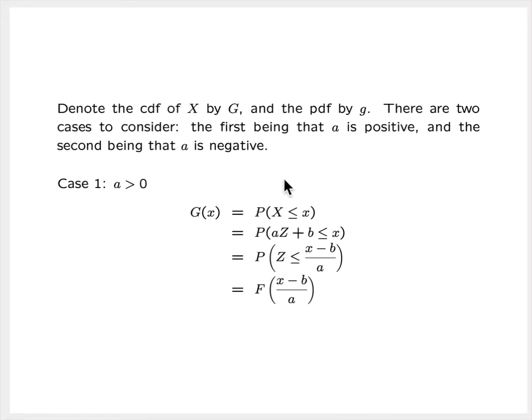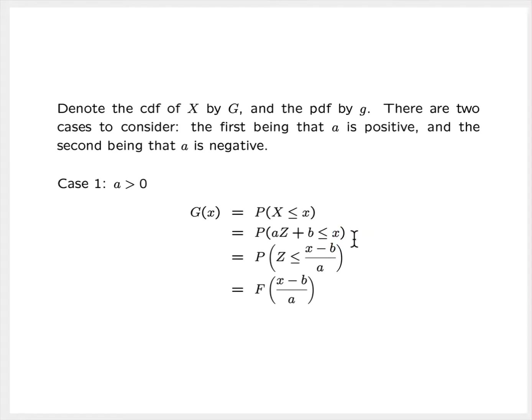Because x is equal to a times z plus b, we can replace x by that linear function of z in this probability statement. So the CDF of x evaluated at little x is equal to the probability that a times z plus b is less than or equal to the value of little x.